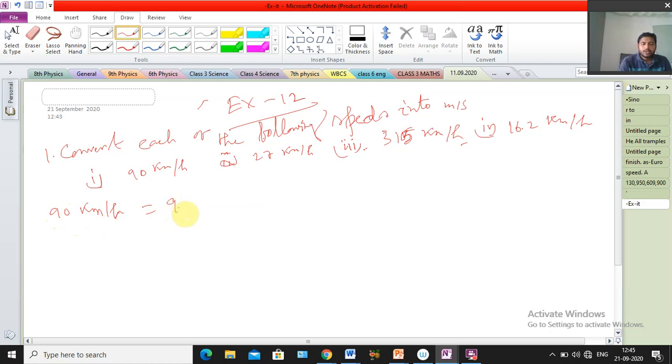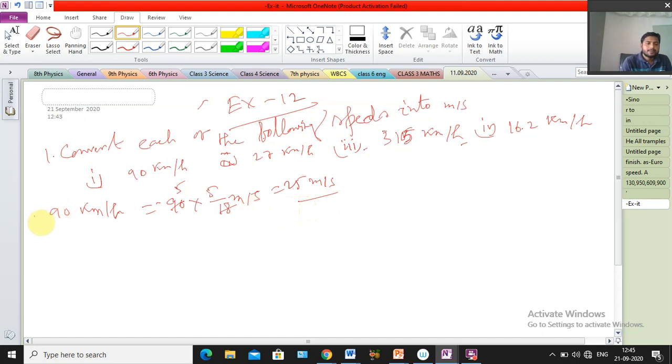So 90 into 5 by 18, and the unit will be meter per second. Cancel it: 5 times 18 is 90, so we are getting 25 meter per second. Clear? Understood?